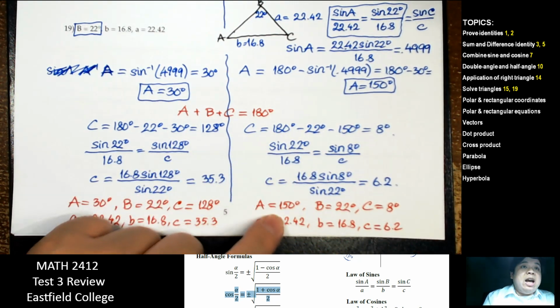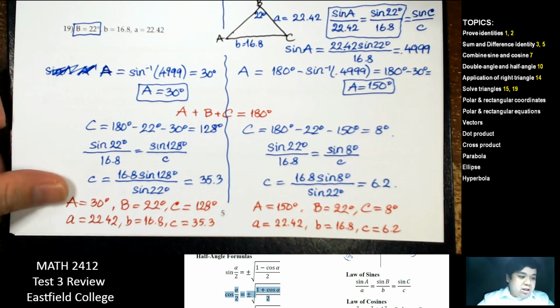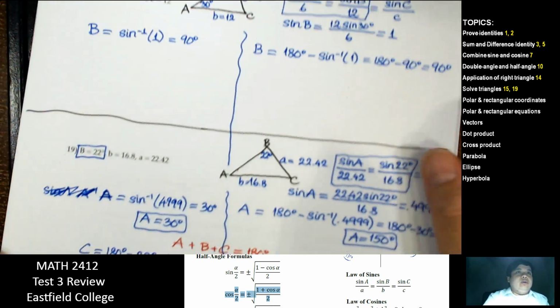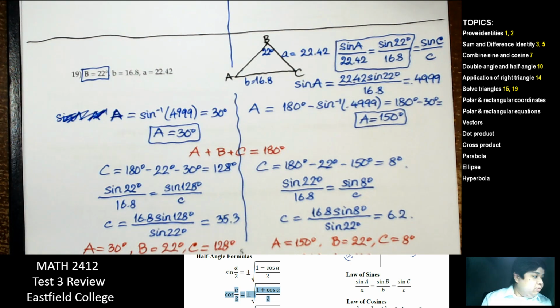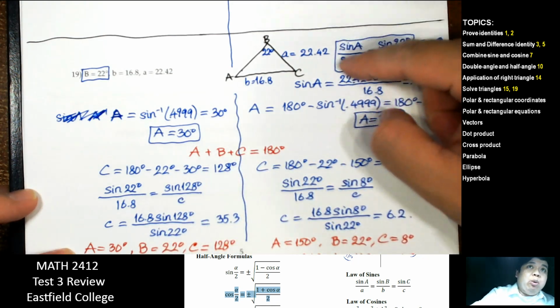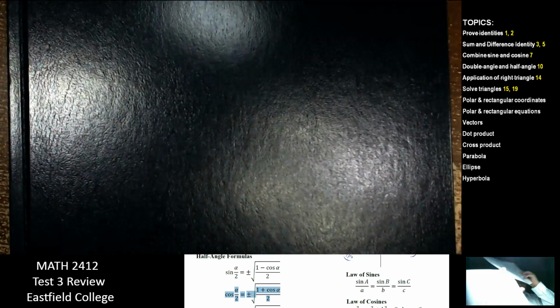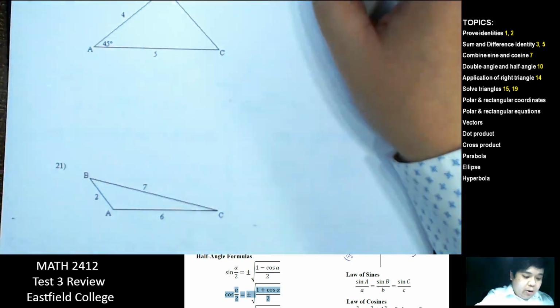Right. Biggest angle, longest side, smallest angle, shortest side, so that makes sense. So that is when we use the law of sine. So pretty much every time we have a pair of opposite side and angle, when we know one ratio, that is the law of sine. If not, then we use the law of cosine.